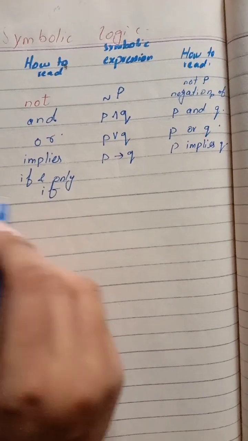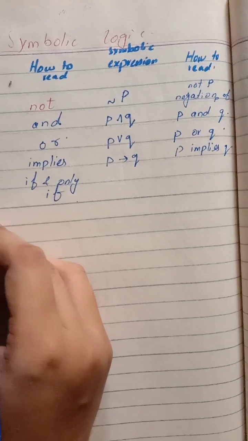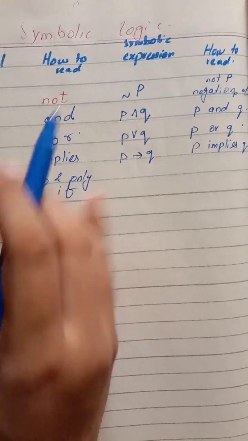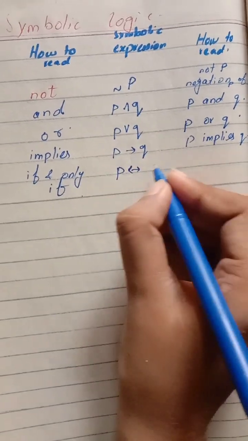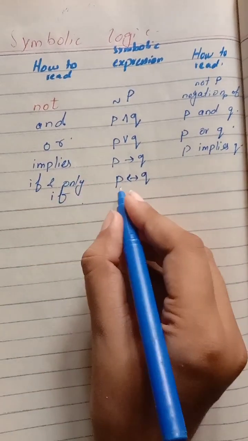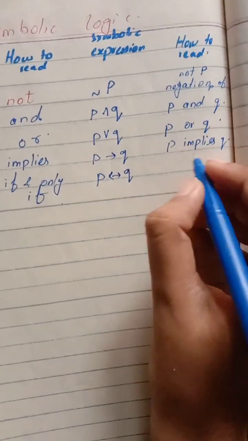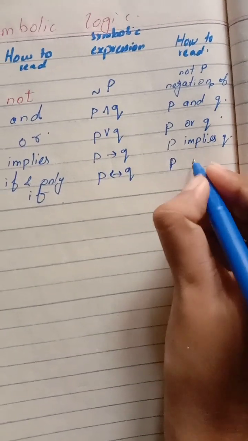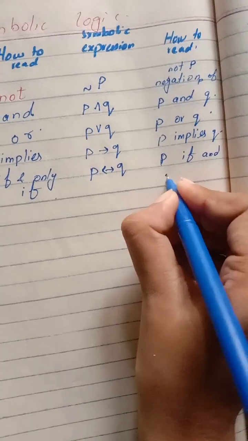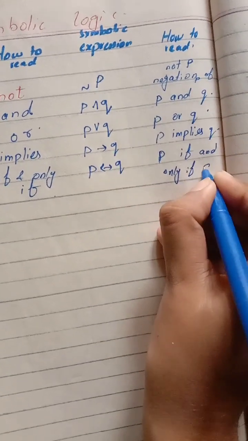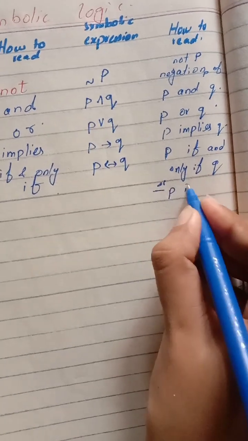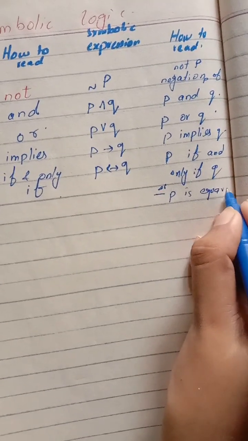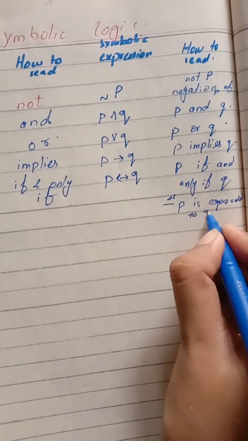When something is equivalent to a second thing, we write this symbol, like P equivalent to Q, or P if and only if Q. So we can read it as P if and only if Q, or P is equivalent to Q. I hope you understand.